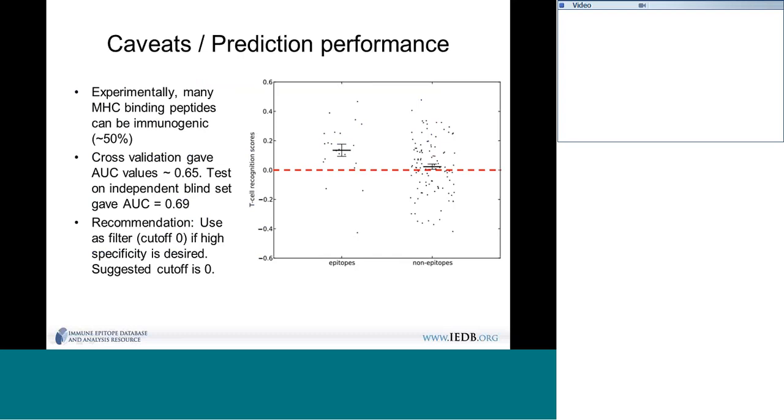When we plot the scores from this tool for these peptides, there are a total of 21 peptides or so, and 3 have a score less than 0, and 18 have a score above 0. Versus for the non-epitopes, it's pretty much half and half. So by asking for peptides with a score greater than 0, you lose a few actual epitopes, but you cut down your set of peptides to synthesize.